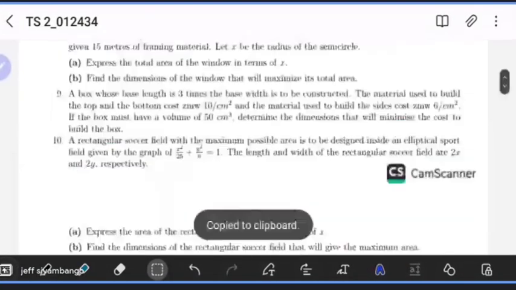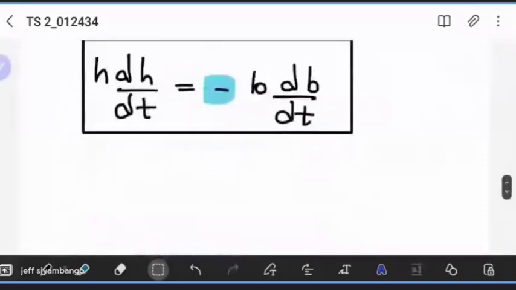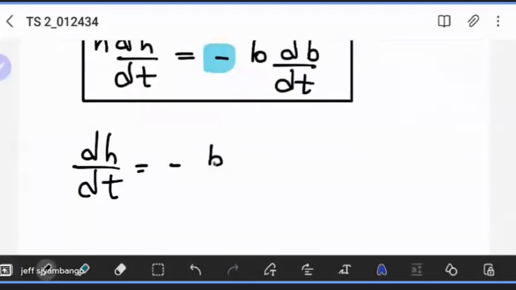So what do we end up with? From here, we end up with dH/dt, which is what we are looking for. This will be equal to negative B over H dB/dt. Now we have to start substituting.